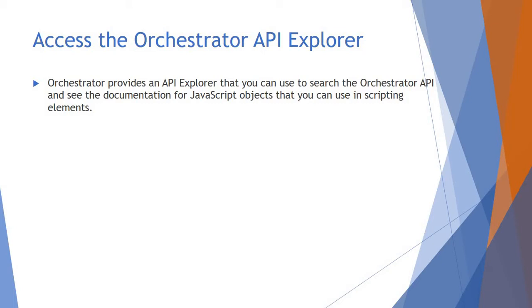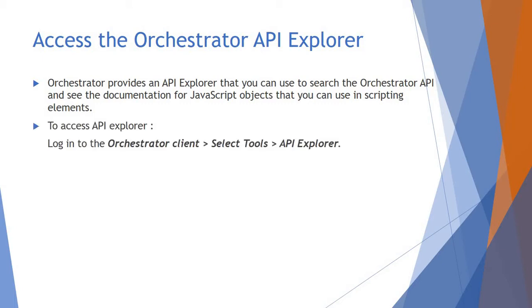Now let's talk about the Orchestrator API Explorer. Orchestrator provides an API Explorer that you can use to search the Orchestrator API and see the documentation for JavaScript objects that you can use in the scripted elements.